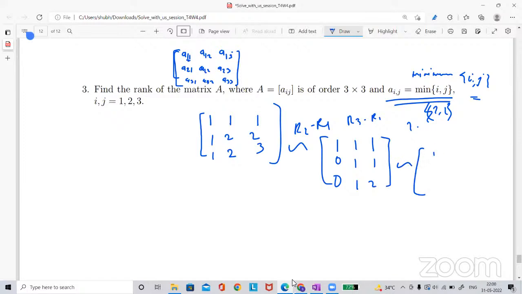Now subtract again, R3 minus R2, so it is 0, 0, 1. This is in row echelon form. The rank is actually 3 here, because you have 3 non-zero rows. So the rank is 3.